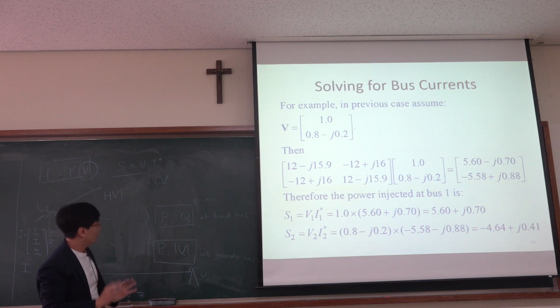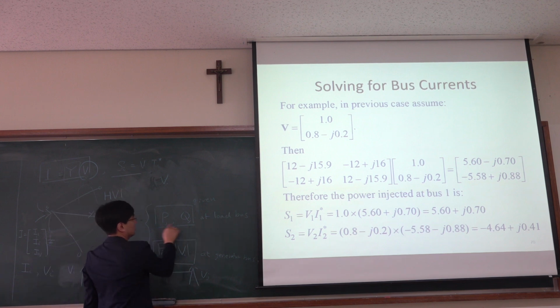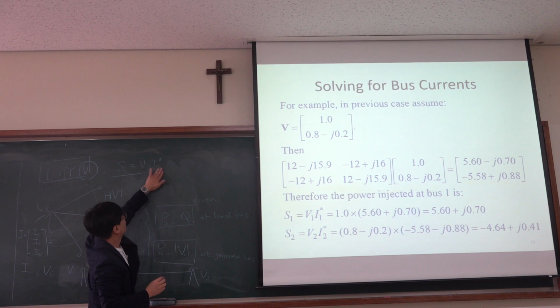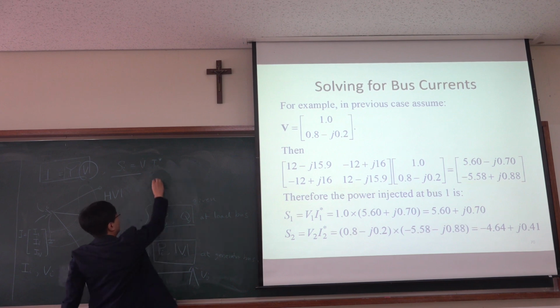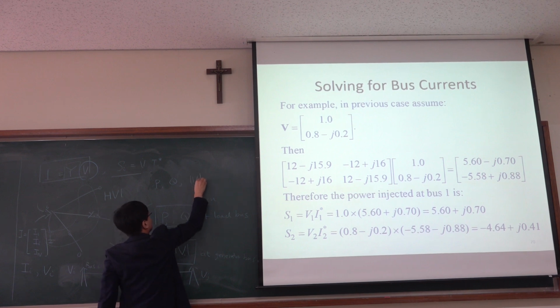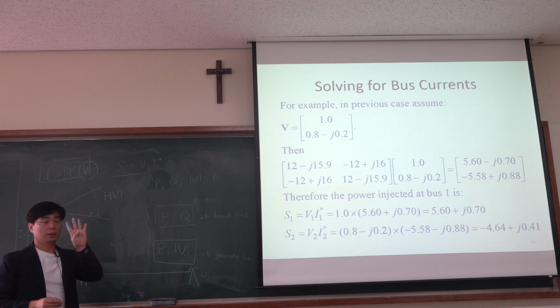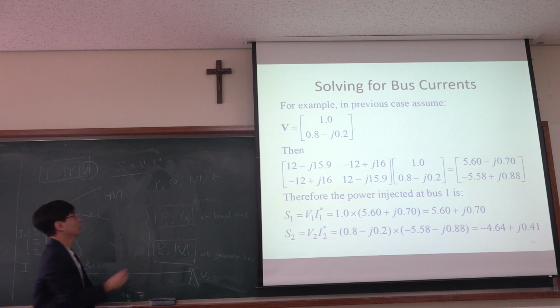But what we know is that at the load bus and at the generator bus, the remaining variables we need to determine are the four variables: the active power, reactive power, voltage magnitude, and the angle. These are the four variables we need to determine at bus i.